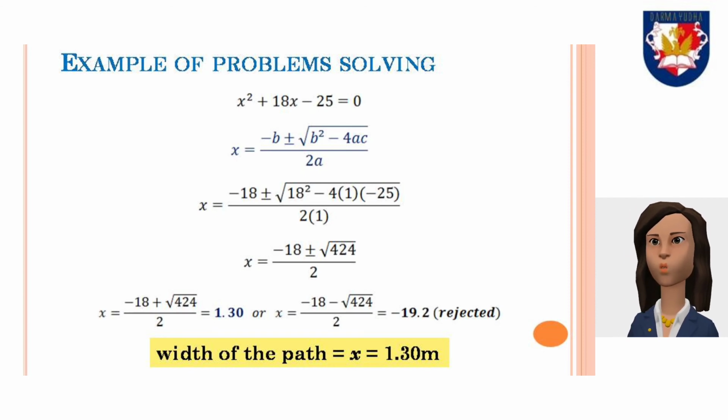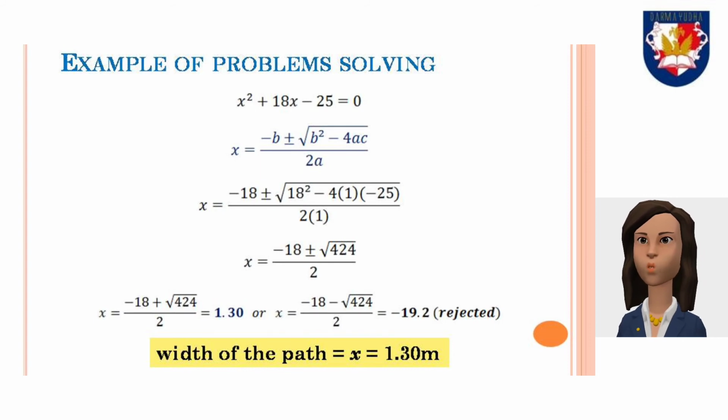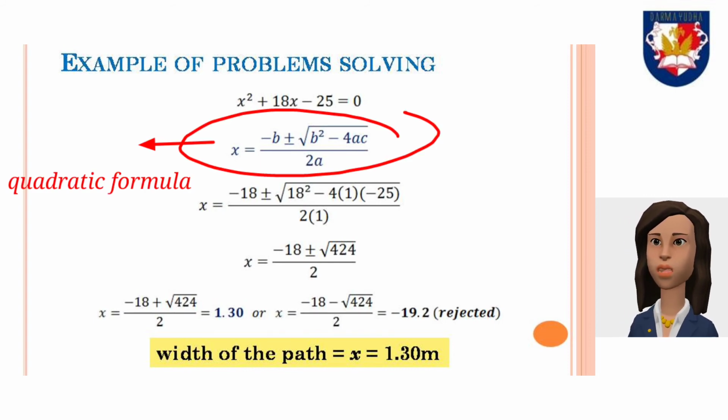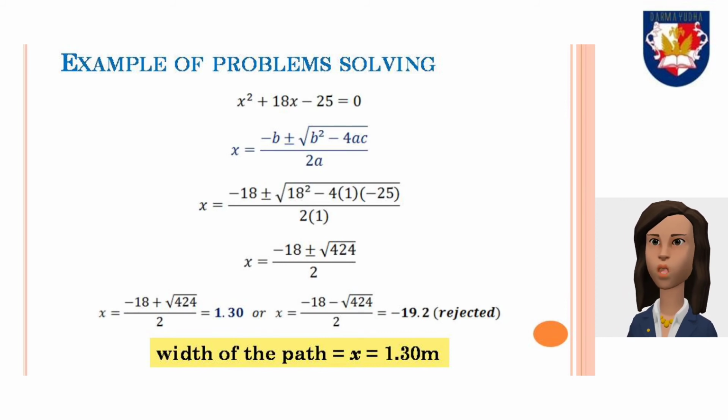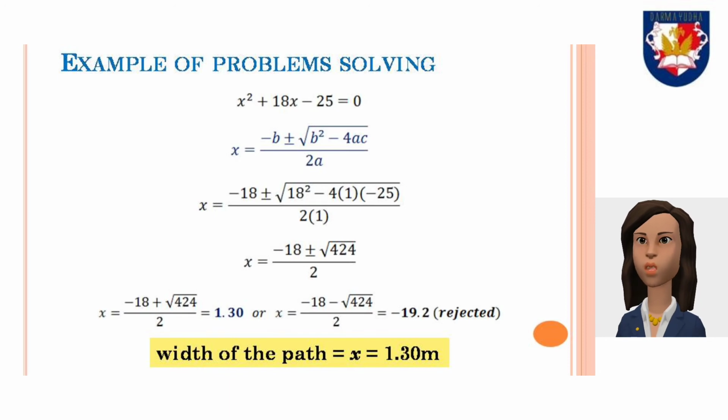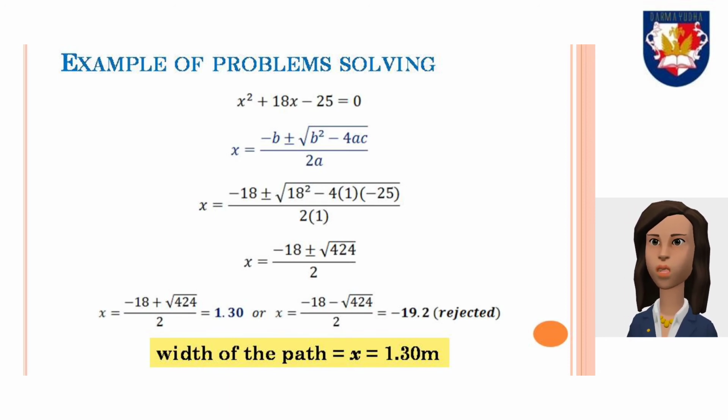After we find the form of the quadratic expression, now we solve it using the quadratic formula. Substitute the values of a, b, and c. Then find the solutions of x. So we got x equal to 1.30 and x equal to negative 19.2.